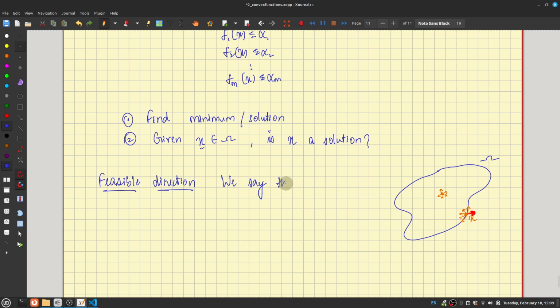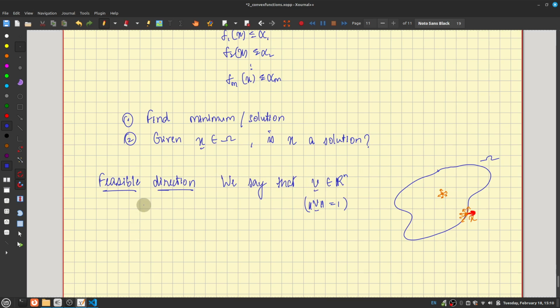So we say that some vector v in Rn. Now I may want to say that the norm of v is equal to 1, just because it's a direction vector, but at least for the purpose of this definition, that's not required. But it doesn't hurt to impose this constraint that the norm of v is equal to 1.